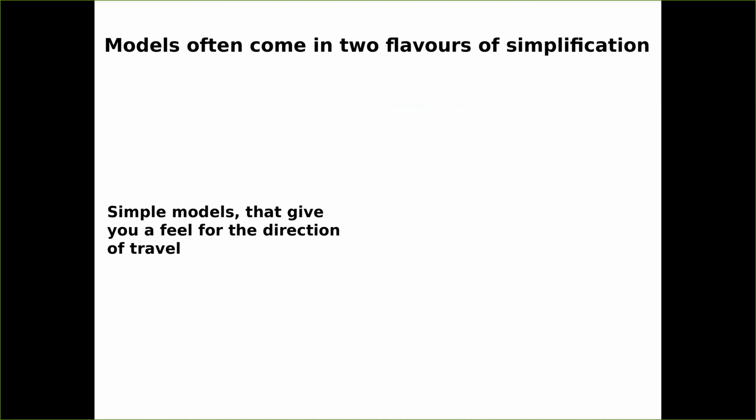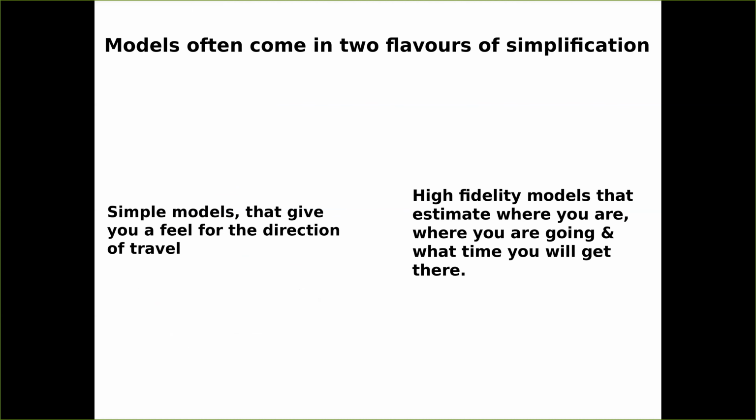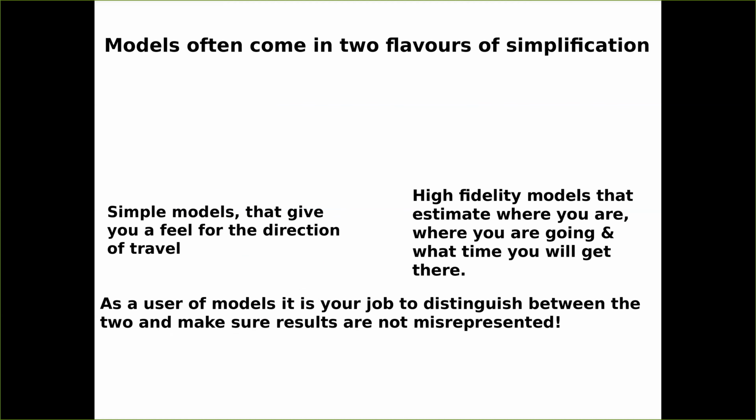Models tend to come in two flavors of simplification. We get really simple models, which tend to give you a feel for the direction of travel, and we get high fidelity models that try to tell you everything about where you're going, what time you'll get there, and everything else. As a user and as a creator of models, it's your job to distinguish between the two and make sure that the results are not being misinterpreted.